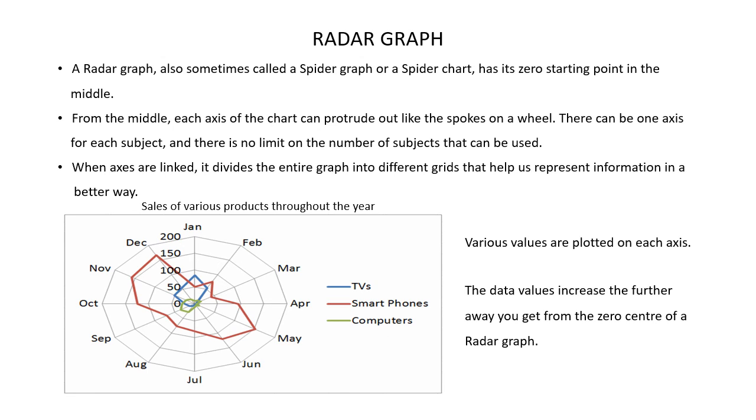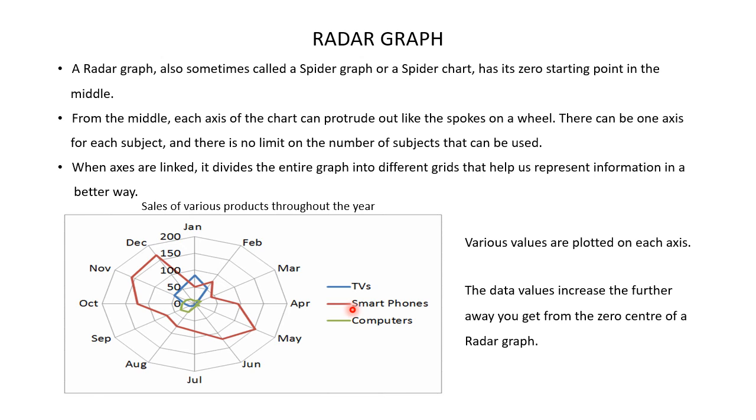Now, as you can see here, this axis represents January month and blue color represents the number of TVs sold. So 55 TVs are sold in the month of January.